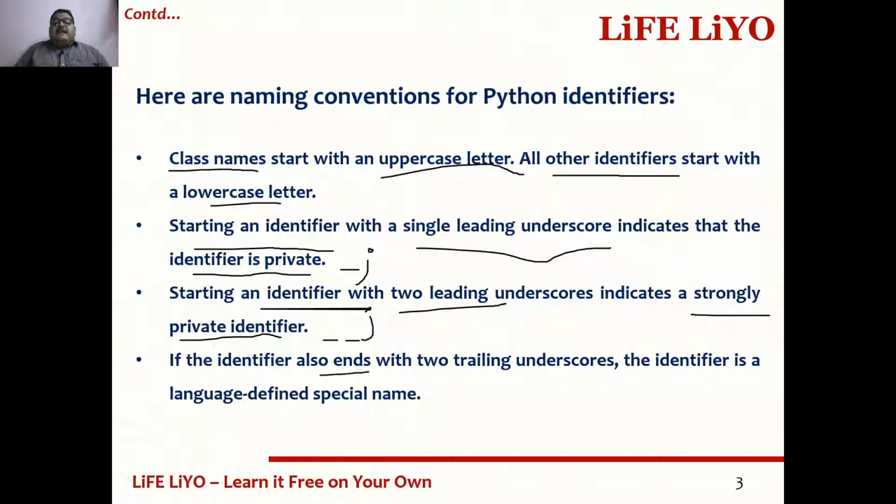And if the identifier also ends with two trailing underscores, like __j__, then the identifier is a language-defined special name. So while giving a name to any variable, function, module or anything else, we have to keep these naming conventions in mind.